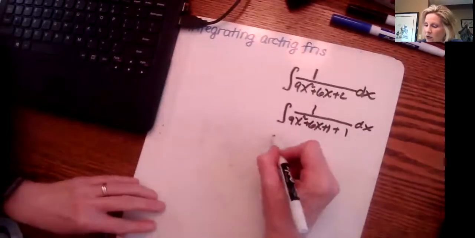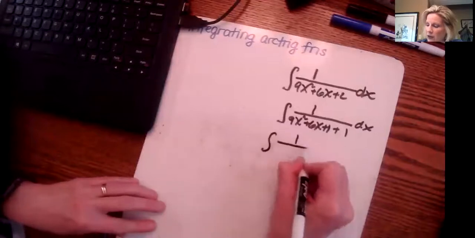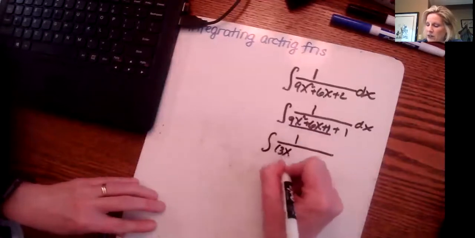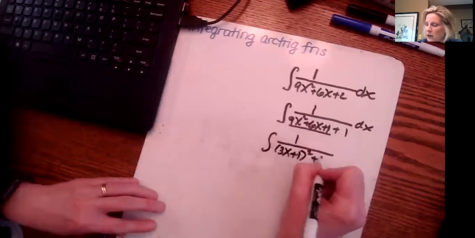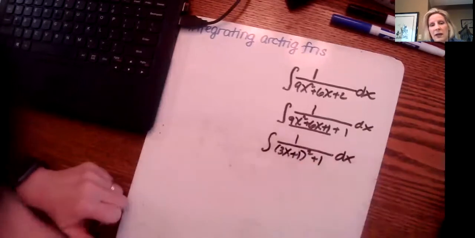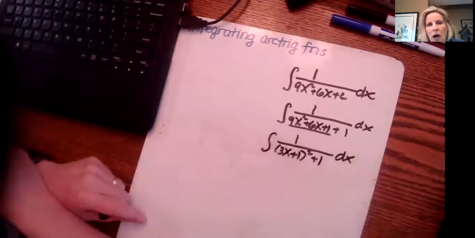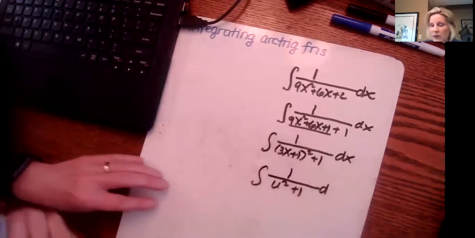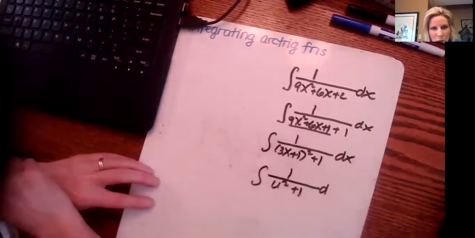Because now, from my previous work, I can see that this part is 3x plus 1 squared plus 1 dx. And I'm still thinking, how do you do that? Oh, if I make this 1 over u squared plus 1, I can move forward with it.